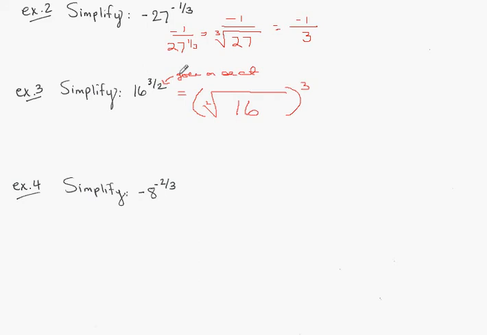So this top number tells you what power to raise it to. So the square root of 16 is 4. 4 cubed would be 4 times 4 times 4, which would be 4 times 4 is 16 times 4 is 64. So it would be 64.